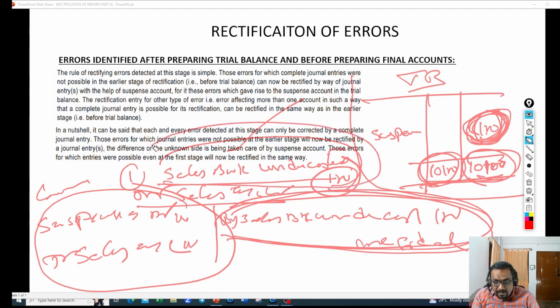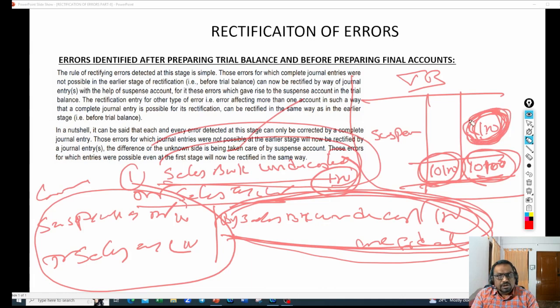You would have rectified by crediting your sales account by saying by sales book undercasting 100 rupees. You mention that and close it. That is how stage 1 entry is. Now we are in stage 2. You identified this error after preparing the trial balance and before preparing the final accounts. Am I right? And the difference was posted to suspense account.